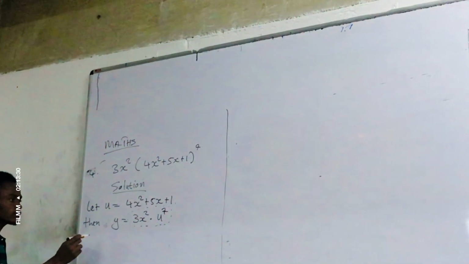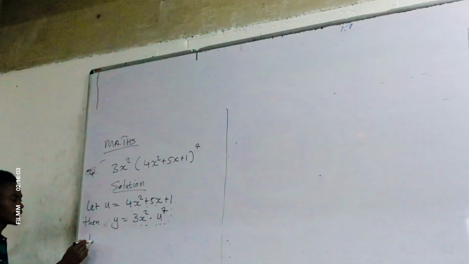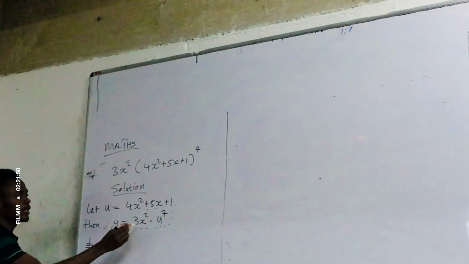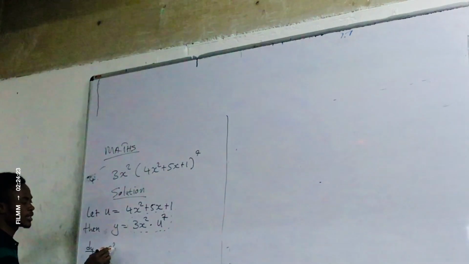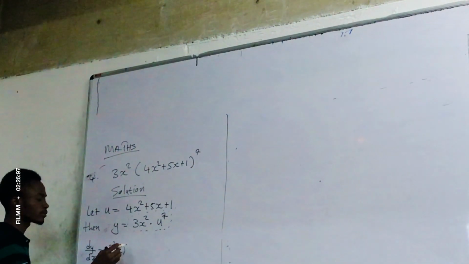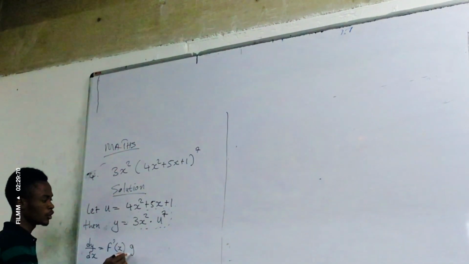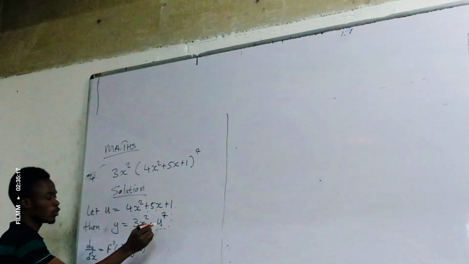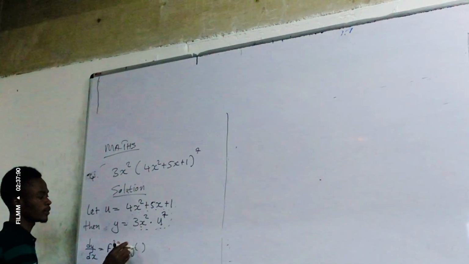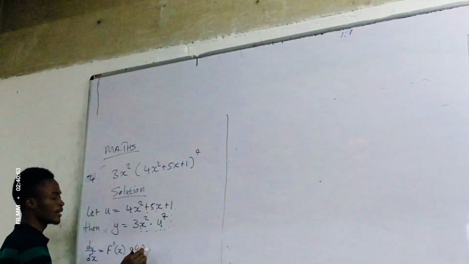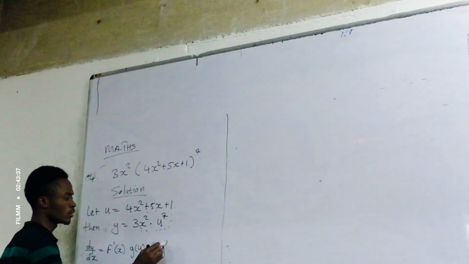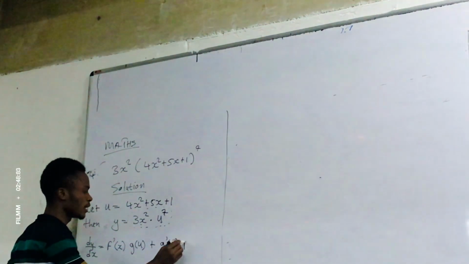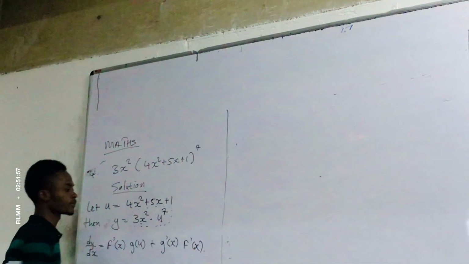You can say dy dx, according to the product rule, we have, let's say this is f of x, f of x times g of u. Since there is a u, we can put a u there. And then plus the derivative of g of u times f of x.